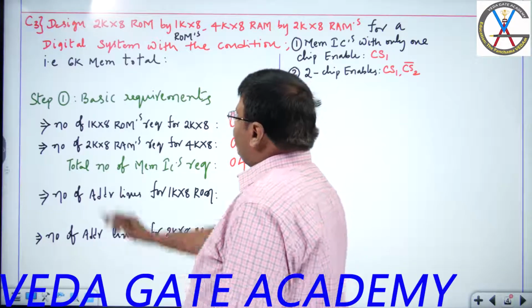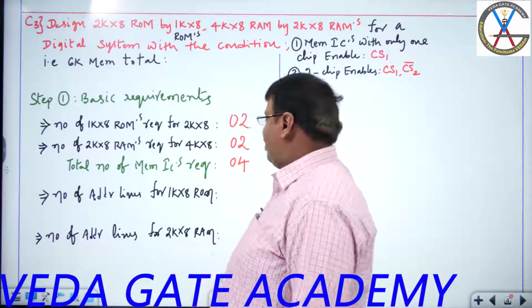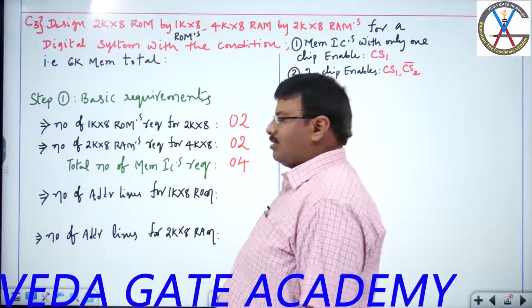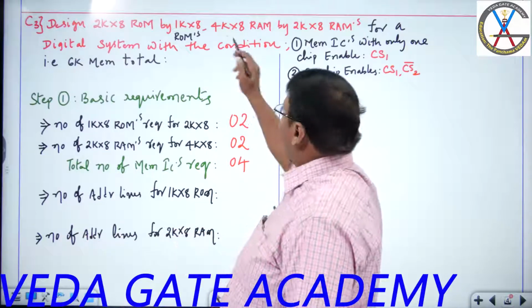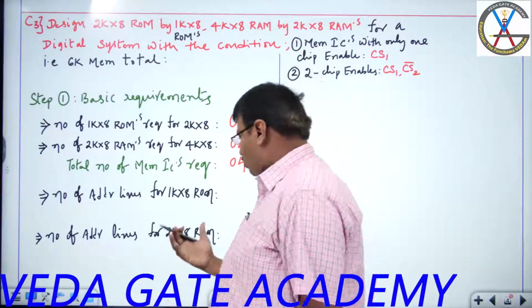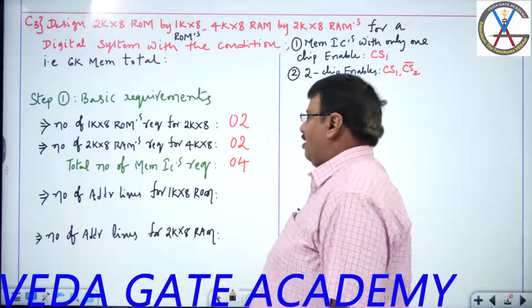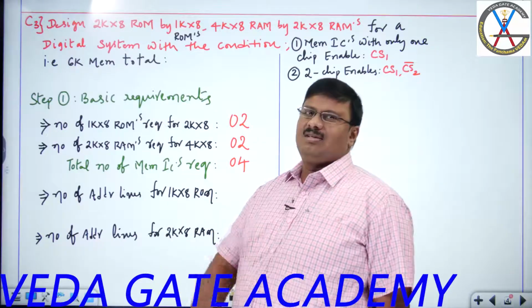See, my requirement may be 2K into 8 ROM, but my availability is only 1K into 8. So I should just frame the address lines for the available ICs only. I should take 1K into 8 and make 2K into 8, and take 2K into 8 and make 4K into 8.